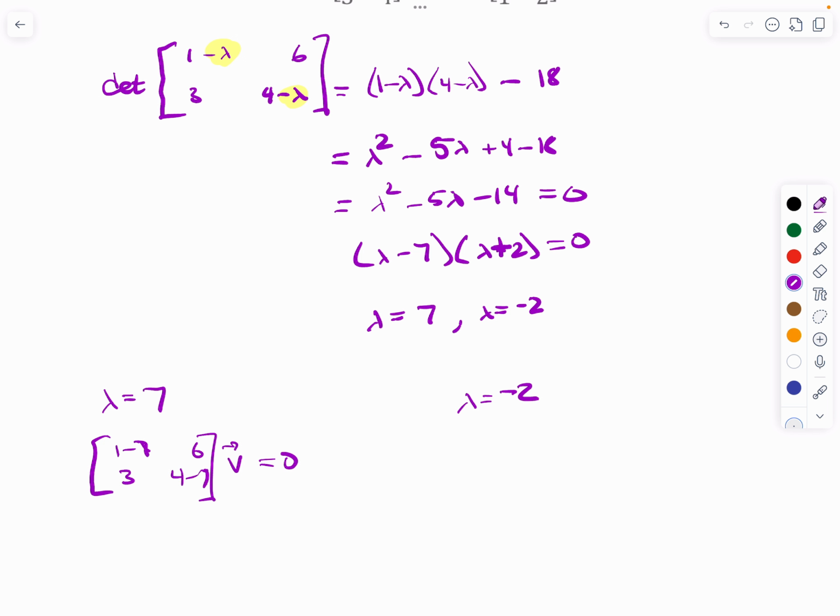I'll do it a little bit quicker over here. 1 minus negative 2 is 3. That's not quite right. Oh, negative 2. Sorry. 6, that's better. And 4 minus negative 2 is 6. So that looks better.